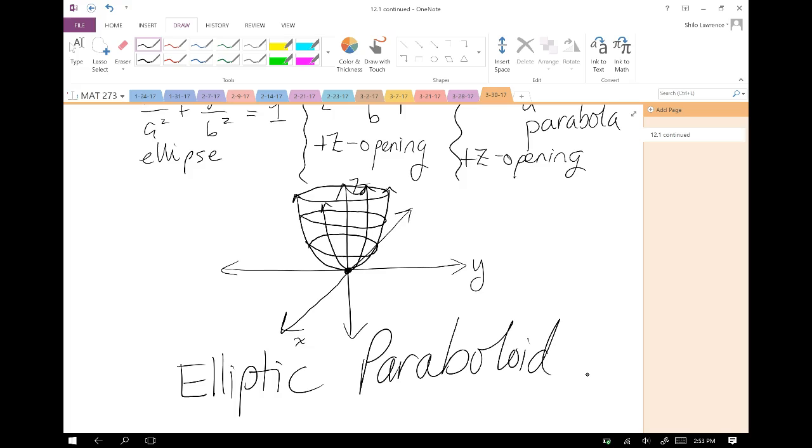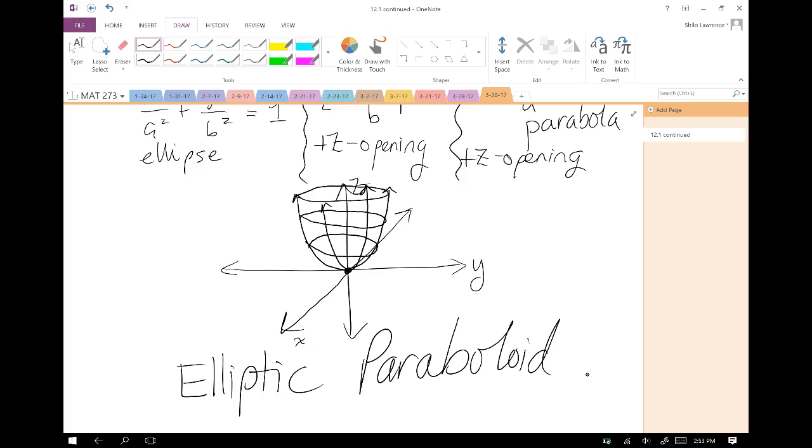The names are just based on the traces that are used to create them. Could also be called quadratic ellipsoid.